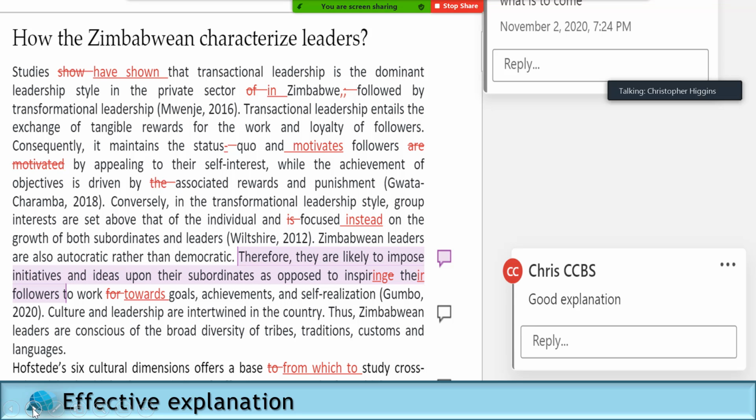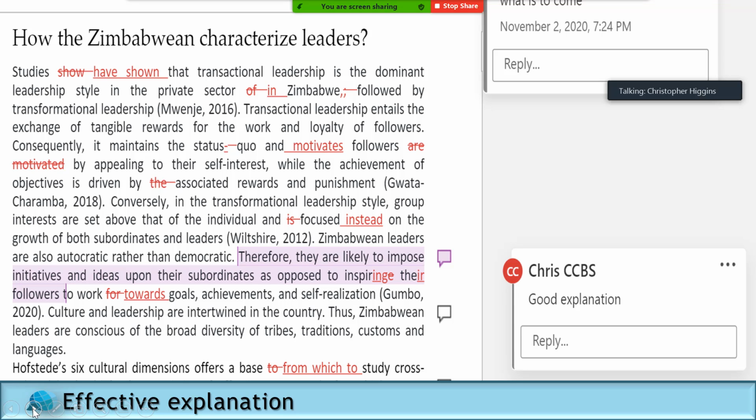It says, therefore, they are likely to impose initiatives and ideas upon their subordinates as opposed to inspiring their followers to work towards goals, achievements, and self-realization. And why I like that is because it clarifies and sums up the sentence that comes before. The sentence that comes before is Zimbabwean leaders are also autocratic rather than democratic.